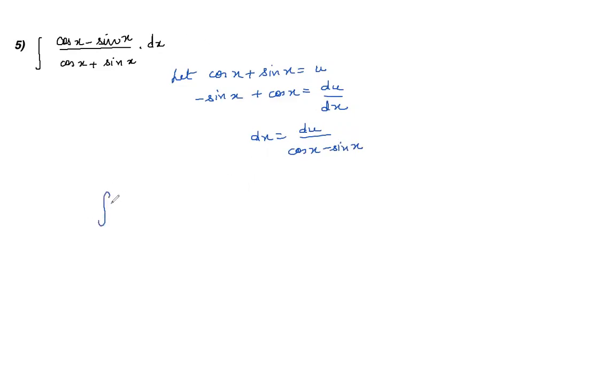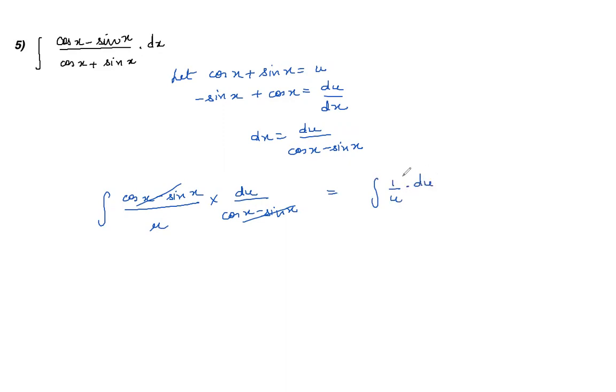Now I'll put the values back in the question. I'll get the integration of cos x minus sin x as it is, and cos x plus sin x is now u, and the value of dx is du upon cos x minus sin x. Both these terms will get cancelled, and what I'll get is 1 upon u into du.